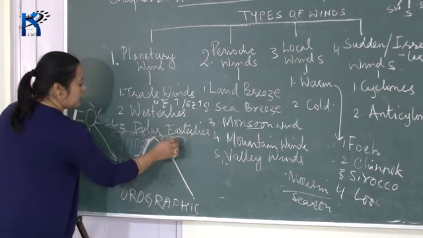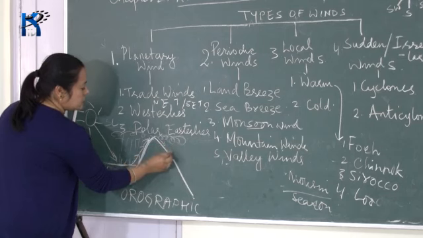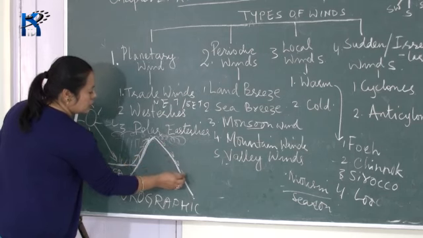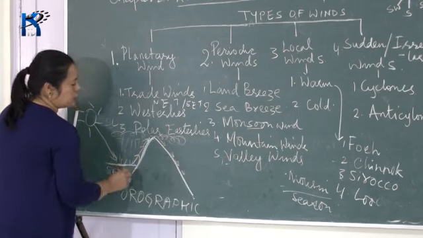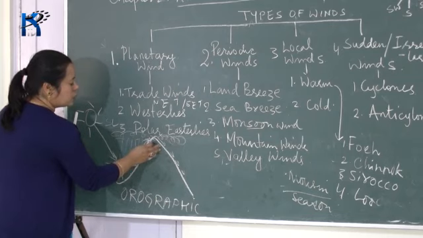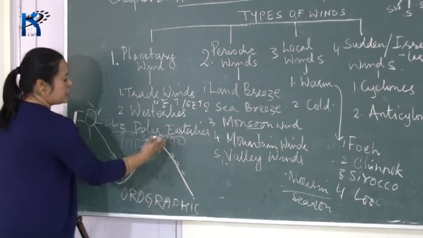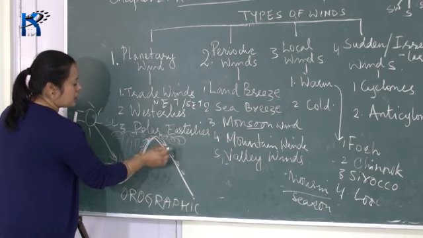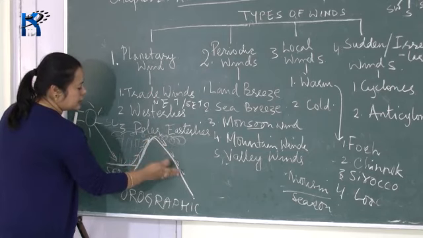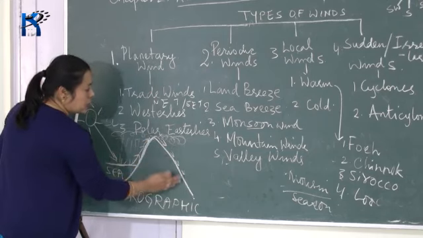dry, and it descends along the slope towards the rain shadow area, and these winds are the warmer winds. They do not bring rain, they are warm winds. That is why it has become lighter and is going downwards.